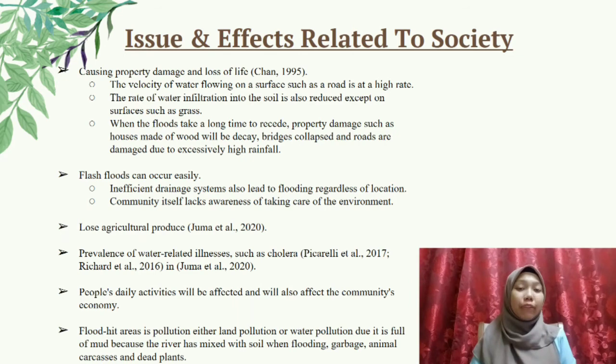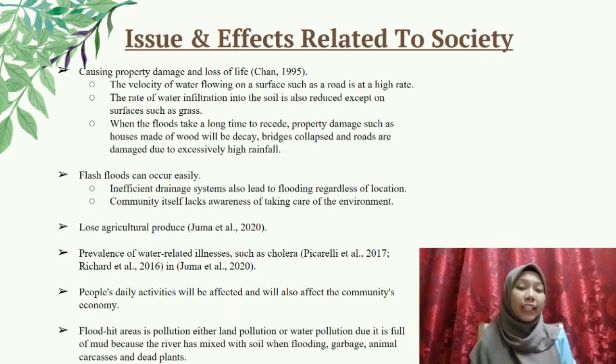The other effects related to the society are the loss of agricultural produce, the prevalence of water-related illness such as cholera, and people's daily activities will be affected, which also affects the society's economy.